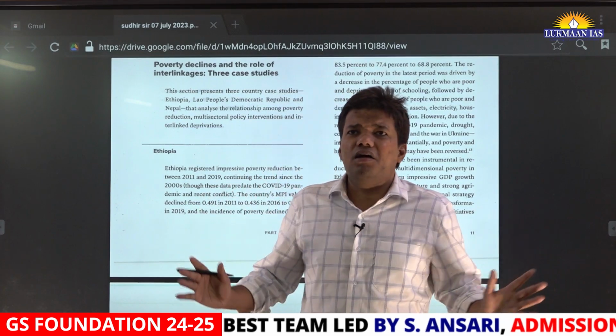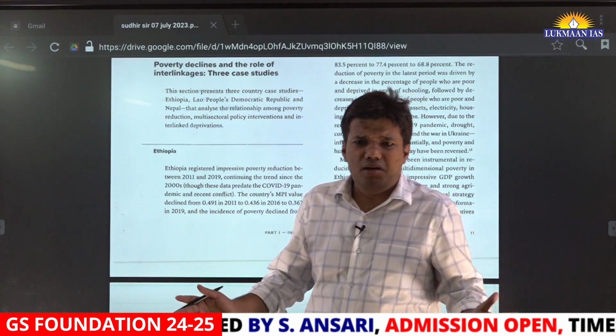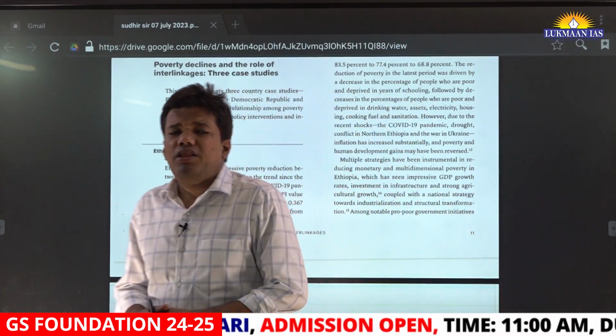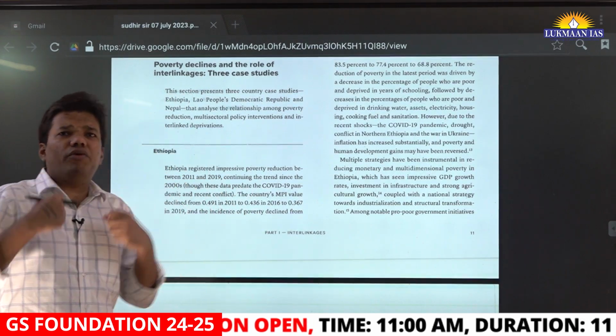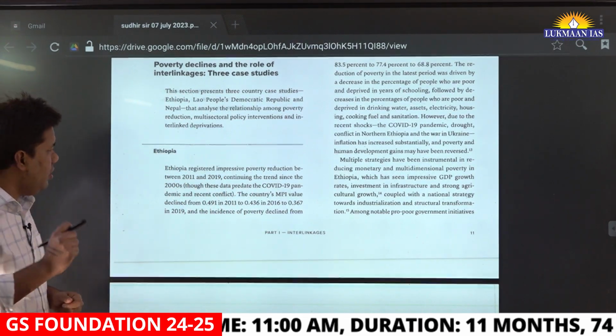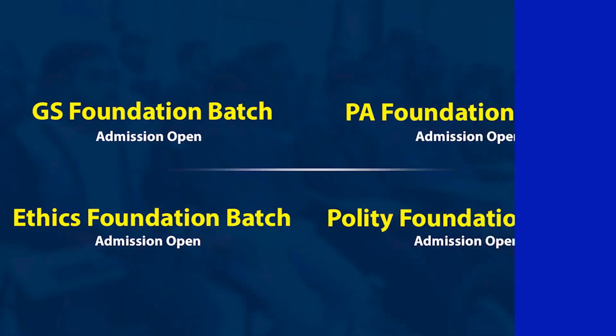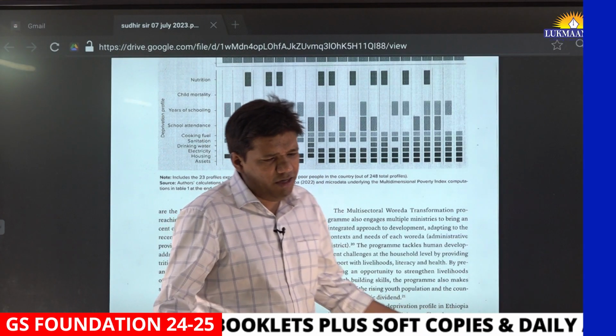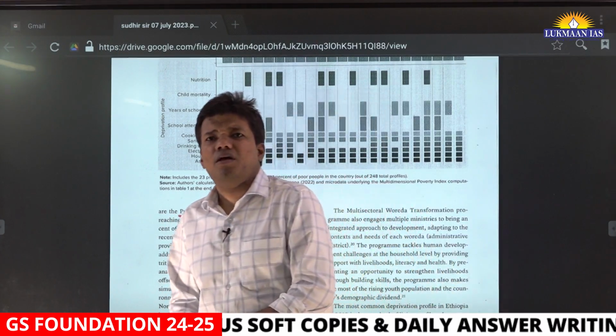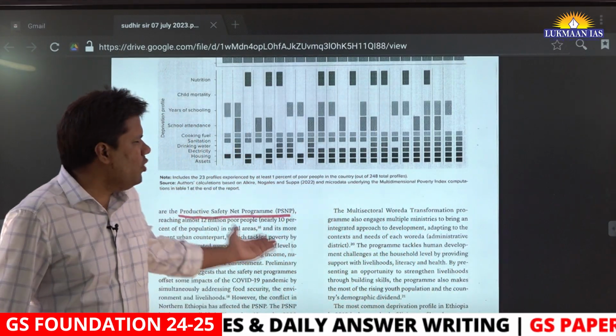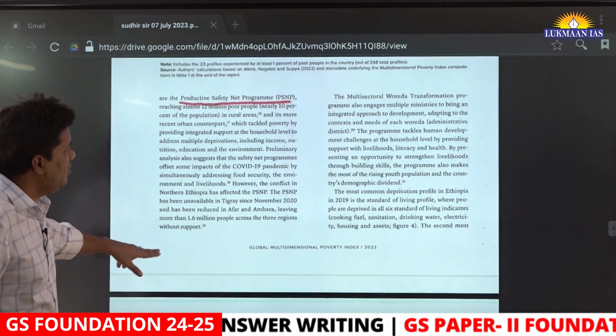Many sub-Saharan countries and South Asian countries have taken millions of people out of abject poverty. So this is not limited only to South Asia, but even to Arab nations. And in Ethiopia you run a productive safety net program, like India is running the National Rural Livelihood Mission, MGNREGA. Okay, no need to remember this program. It is just a fact.